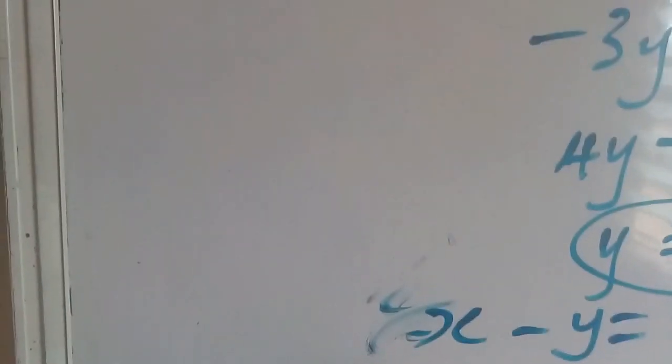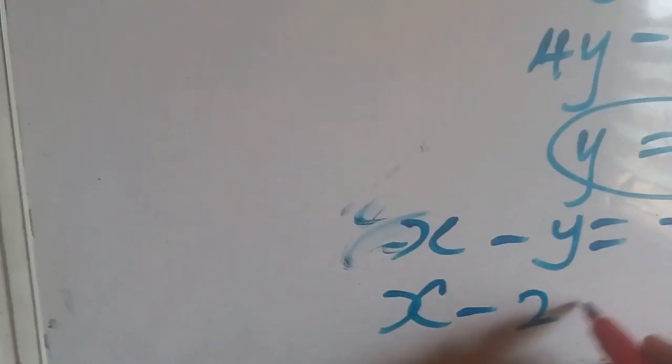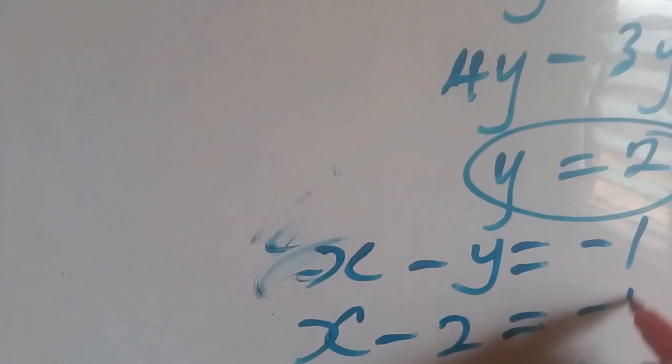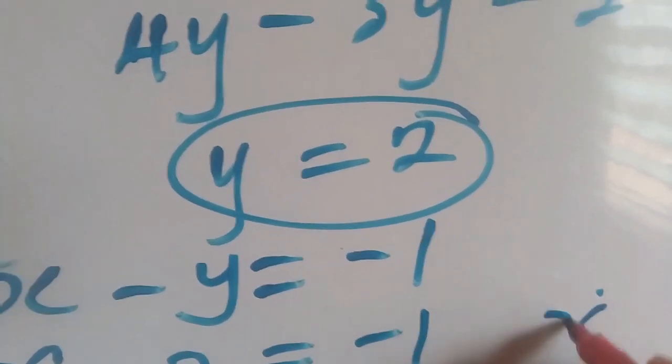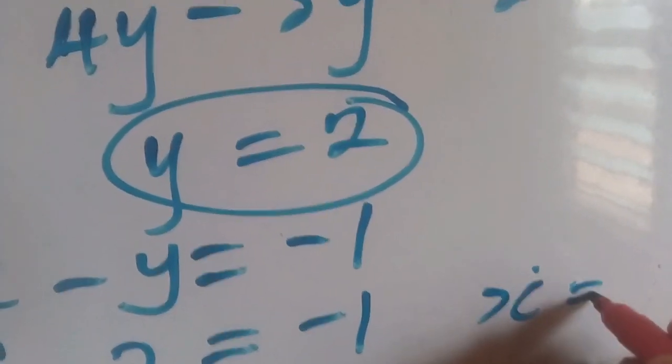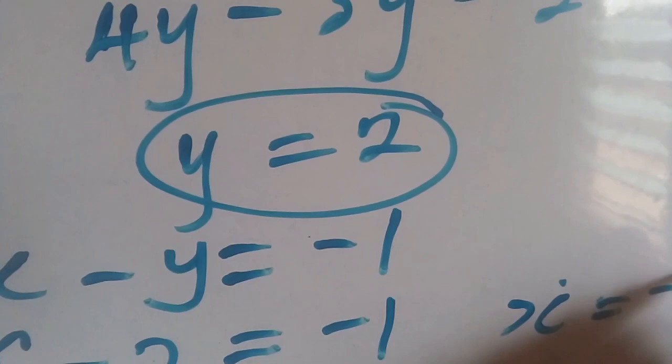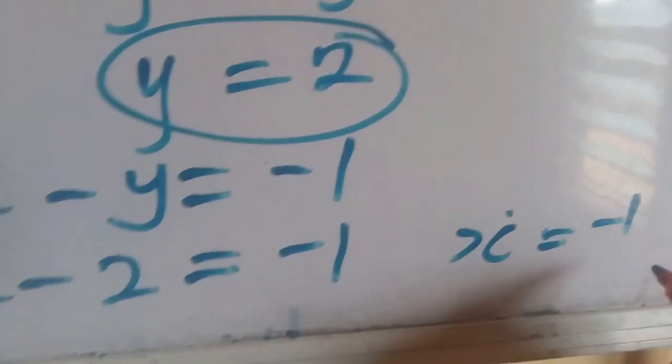Now remember that the value of y is 2. So we can substitute 2 for y, giving x minus 2 equals minus 1. And we can now collect like terms. It should now be x equals minus 1 plus 2.